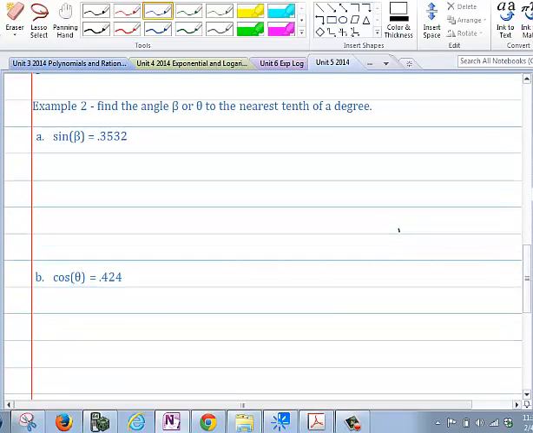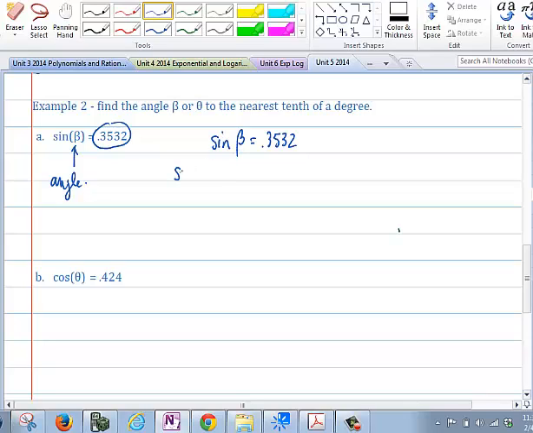Next example is the opposite case. They've given us a ratio of sides and they're asking for the angle. So when you do this, if we have the sine of beta equal to 0.3532, what we use to get to beta is the appropriate inverse trig function.